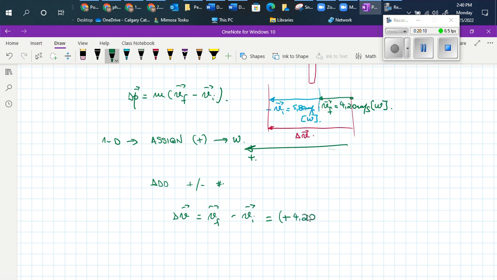It will be positive meters per second. Minus, that is from the formula, and then 5.80 meters per second going east, in comparison to the positive going west, will it be positive or will it be negative?